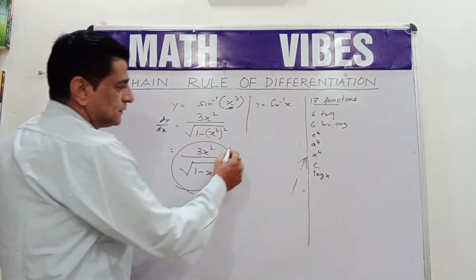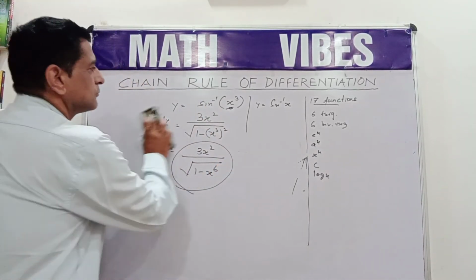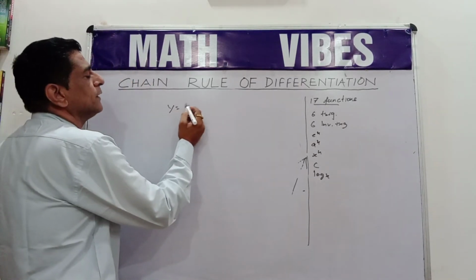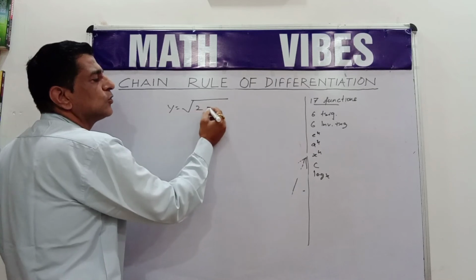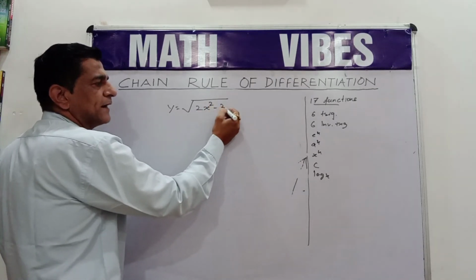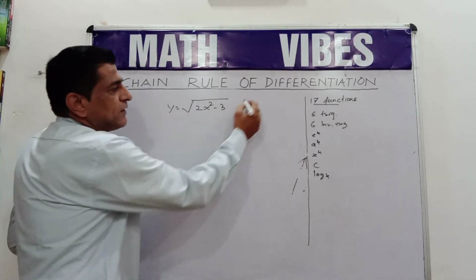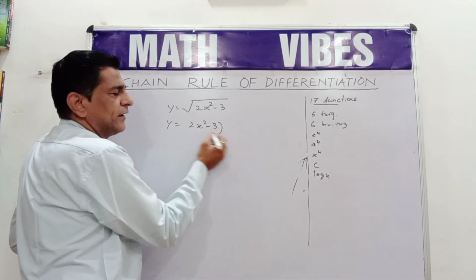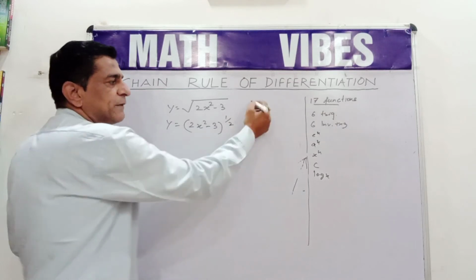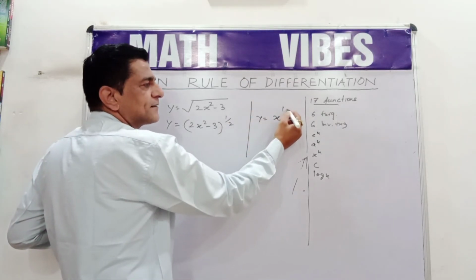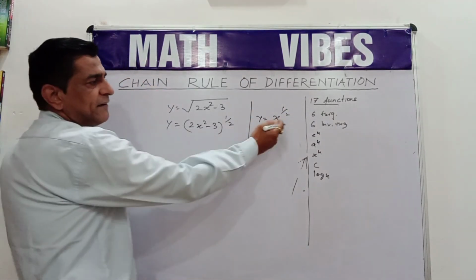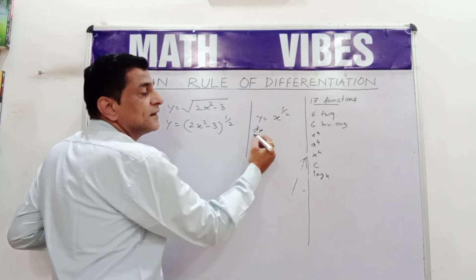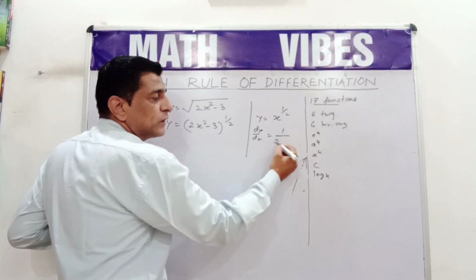Another example, suppose I have a function under root of 2x square minus 3. This can also be written as (2x square minus 3) raised to power half. So the basic function here is x raised to power half, and the derivative of x raised to power half, or root x, is 1 by 2 root x.